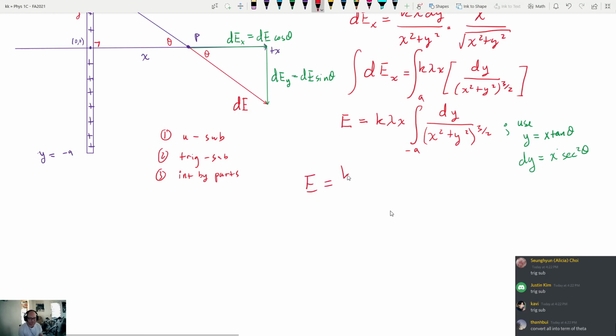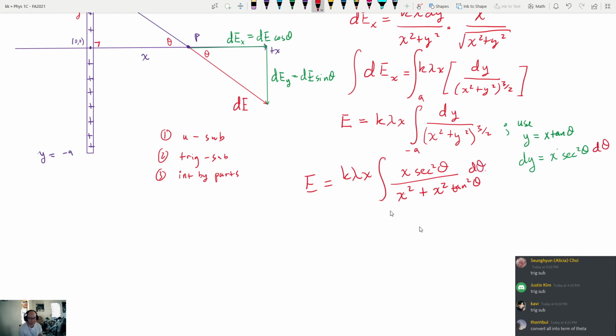So we're going to get E equals k lambda x integral. Dy is going to become x secant squared theta d theta, dividing that by x squared plus, we plug in for y squared, x squared tan squared theta. Whoops, there's a d theta on here. My bad.